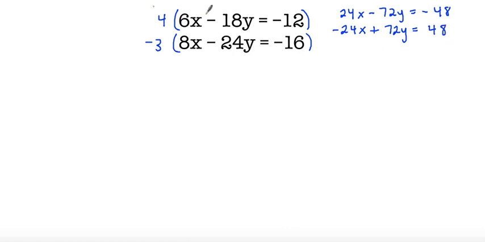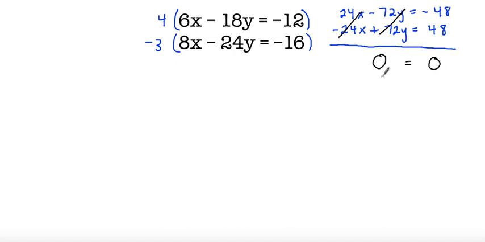And so if I combine these, positive 24x minus 24x is 0. So those cancel out. And then negative 72y plus 72y is 0. So 0 is equal to negative 48 plus 48, which is 0.